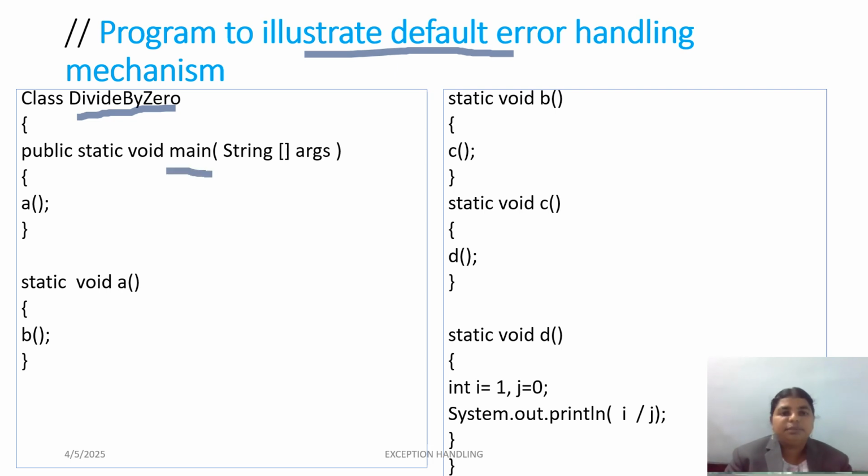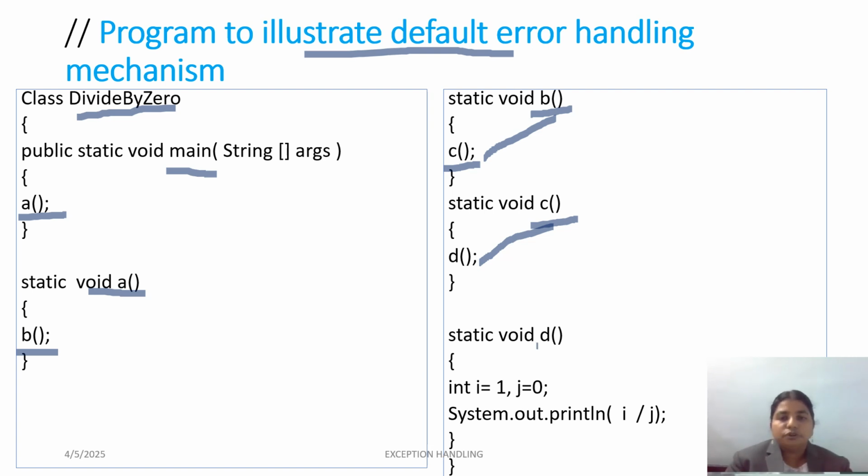Inside the class is the main method, inside which there is a function call to the method A. Below the main method, the method A is defined, and inside method A, there is a function call to the method B. Below which method B is defined, and inside method B, one can find a function call to the method C. Below method B, method C is defined, and inside which there is a function call to the method D.